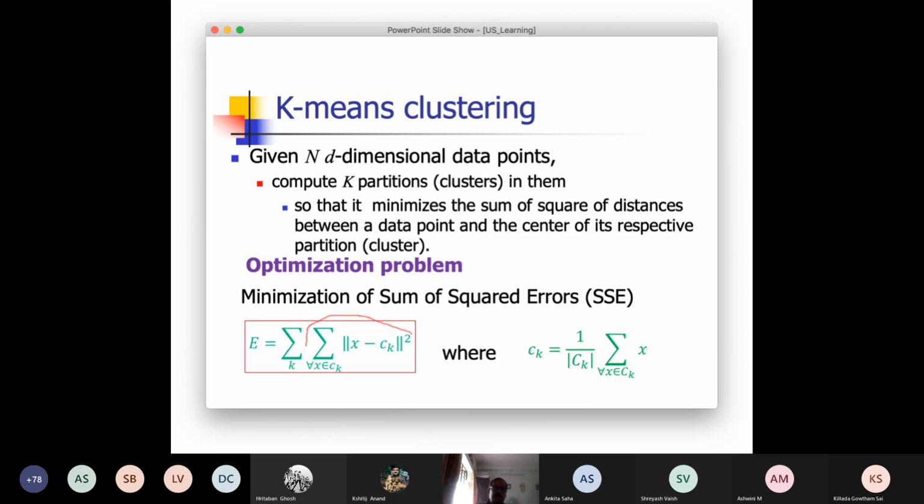So this is for an individual partition, right? You are taking the sum of squares from the mean. This is C_k, the mean of that partition. Then you are considering the sum of all such squared errors. We call it the overall sum of squared errors. So your objective is to find that partition P which will minimize this error. Any question at this point?